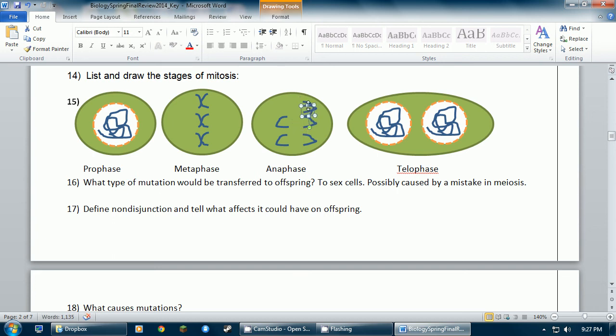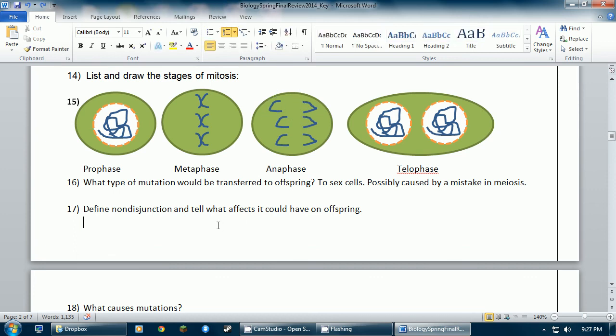So that would mean this is all lumped together right now. Just pretend a little bit. So if that happened, this cell over here will be lacking DNA, and over here, this side will have extra DNA. Let me undo what I just did so that doesn't get saved to my key.